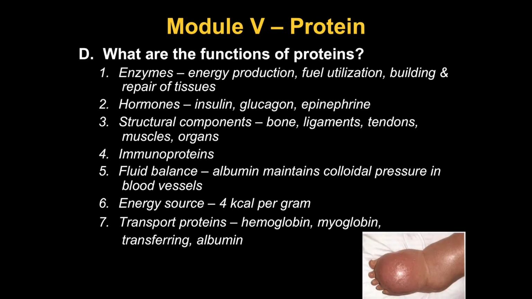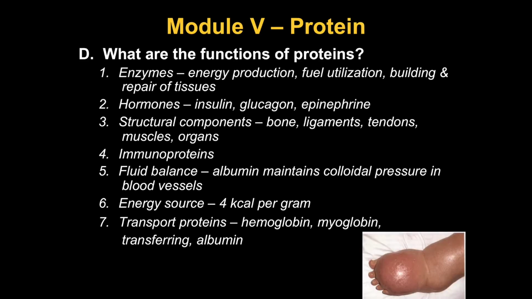To maintain fluid balance, albumin is a visceral protein that's very, very important as far as maintaining the plasma portion, or the watery portion of blood within blood vessels. So it's maintaining what we call the colloidal pressure in blood vessels. And when you don't have enough protein or albumin in the bloodstream, you could end up with a displacement of that fluid, particularly into the peritoneal cavity.